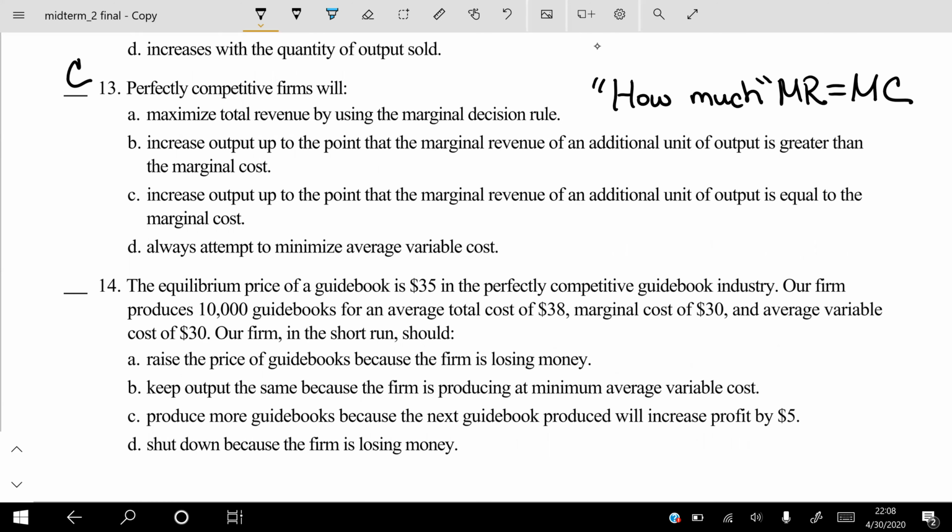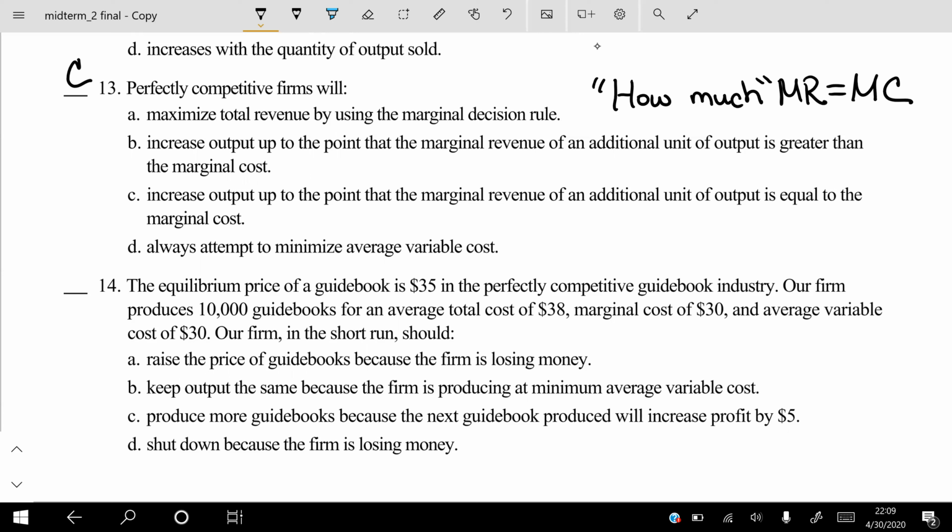The equilibrium price of a guidebook is $35 in a perfectly competitive guidebook industry. Our firm produces 10,000 guidebooks on average for an average total cost of $38, a marginal cost of $30, and an average variable cost of $30.